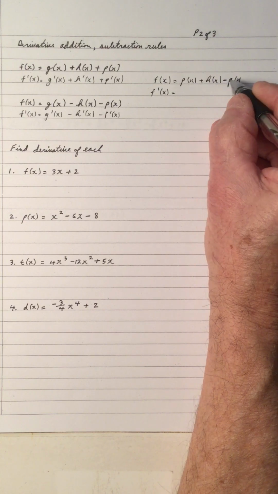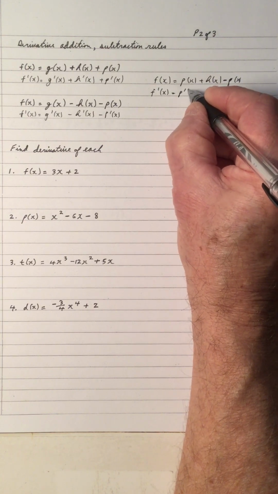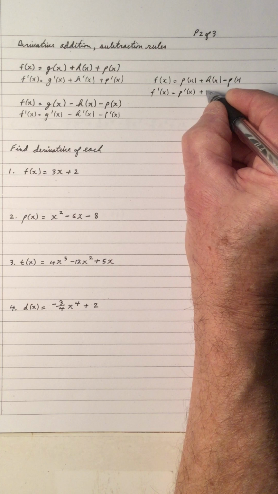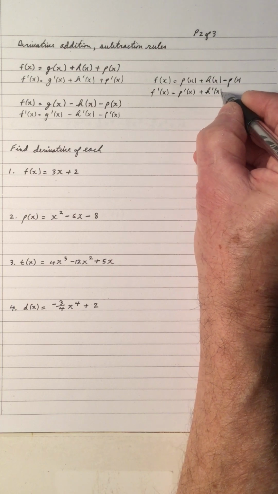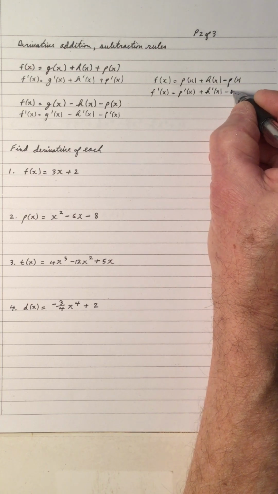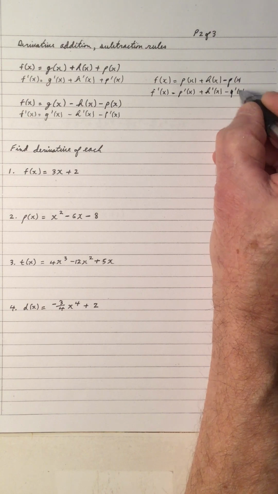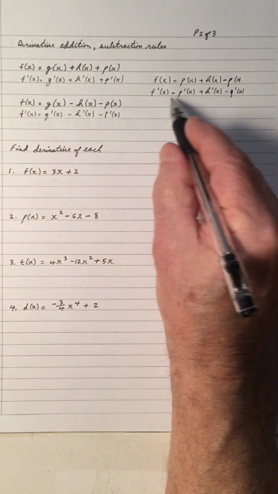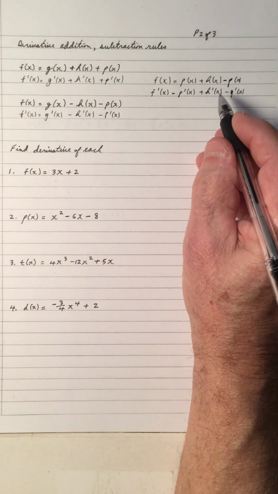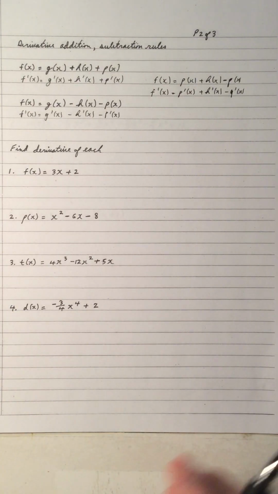Here you have an addition and a subtraction, so you just do the derivative of each one. If you're adding them or subtracting them or a combination, you do the derivative of each term.